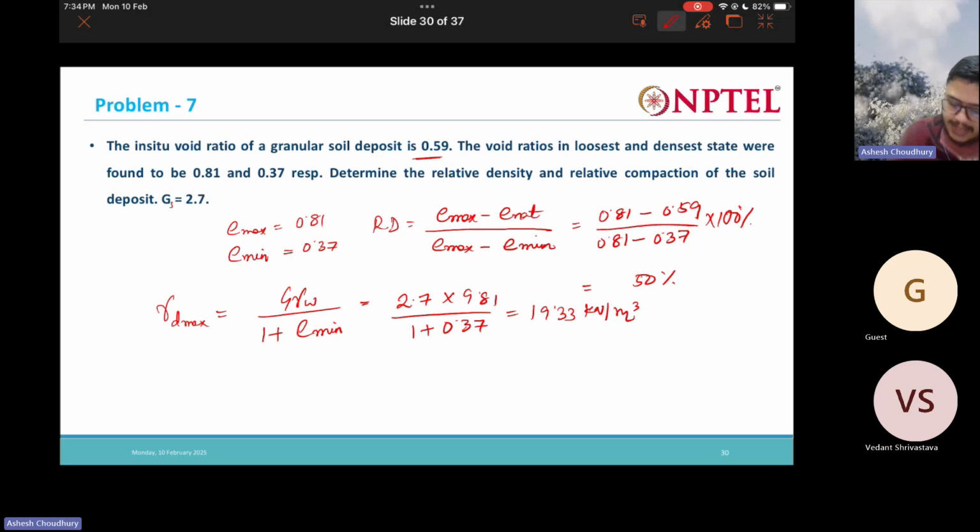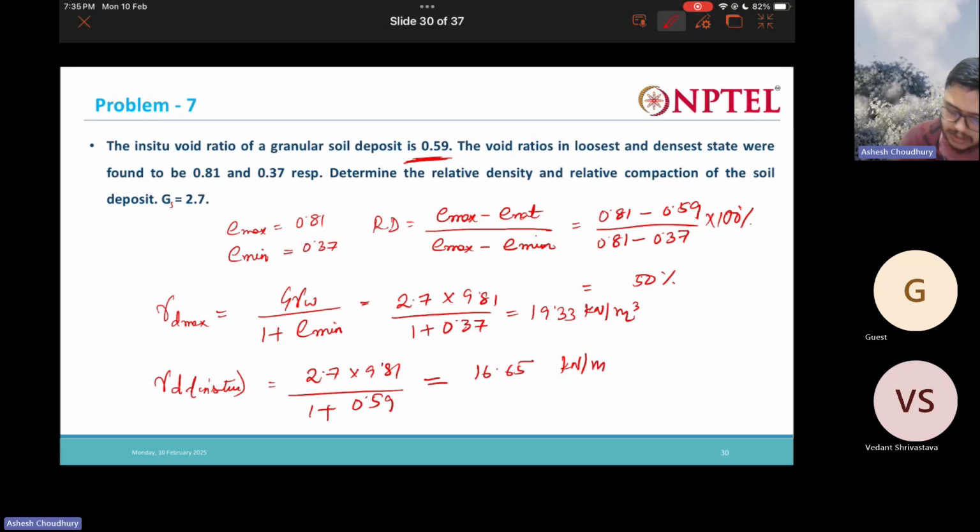This is the maximum dry density. Now the in situ dry density is what? 2.7 into 9.81 by 1 plus 0.59, which is 16.65 kilonewton per meter cube.